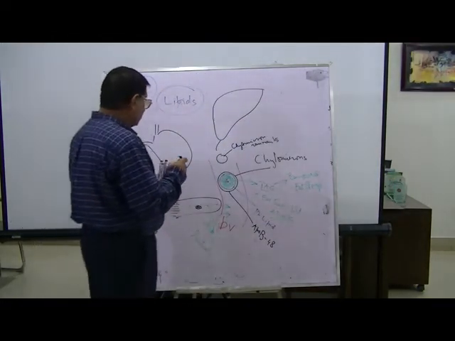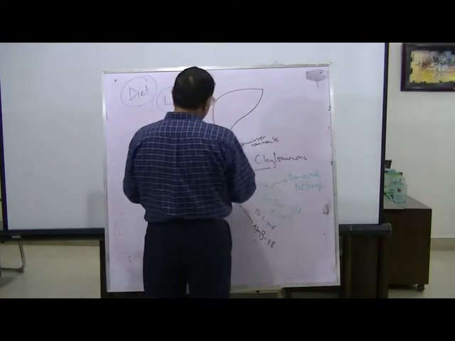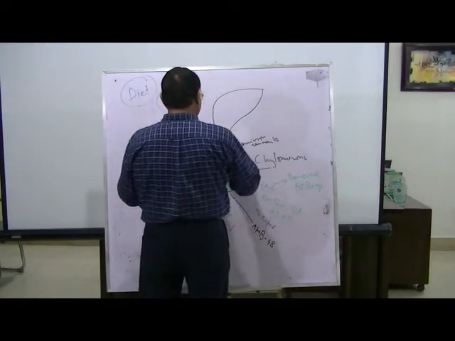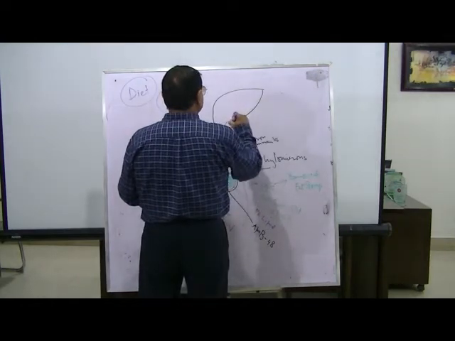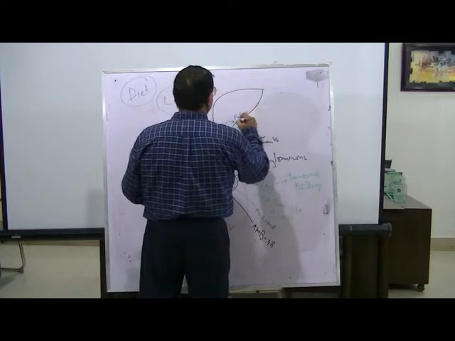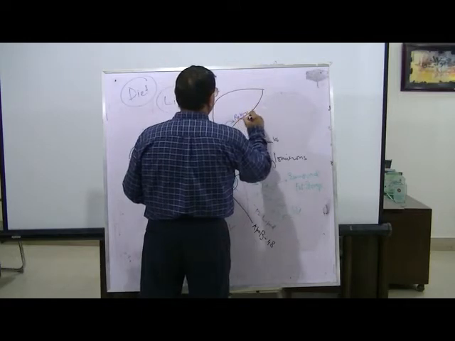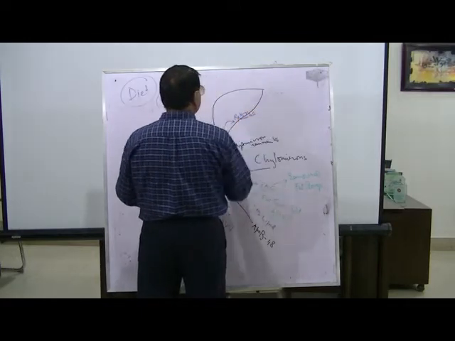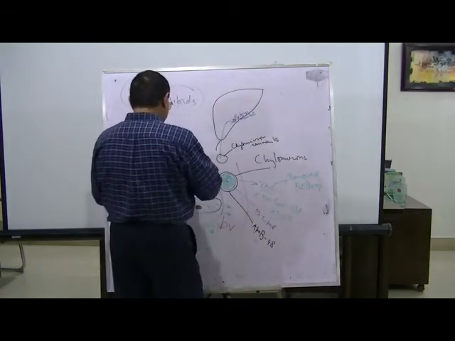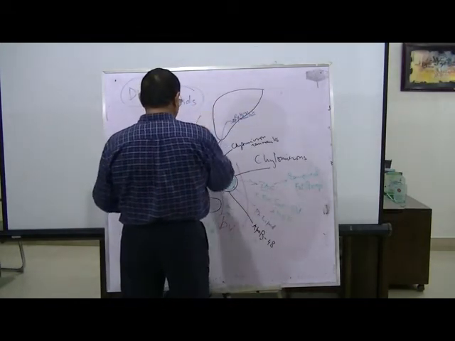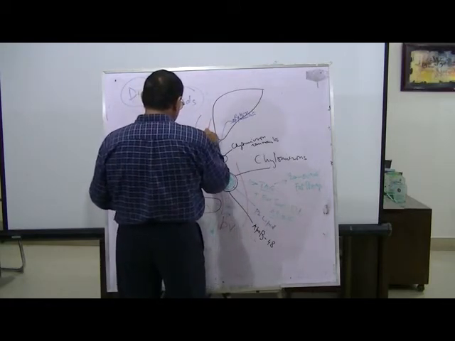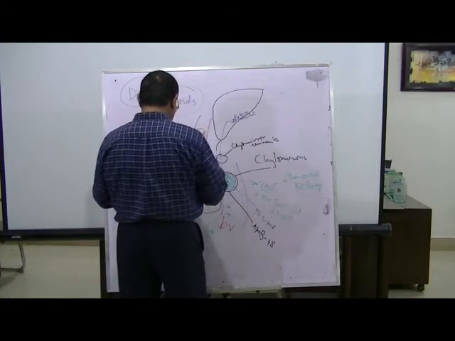In the liver, vitamin A is stored as retinyl palmitate, or it can go into the circulation as retinol along with retinol binding protein.